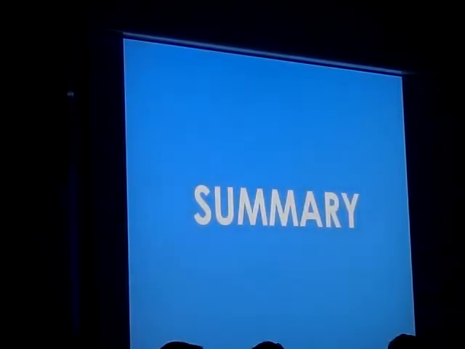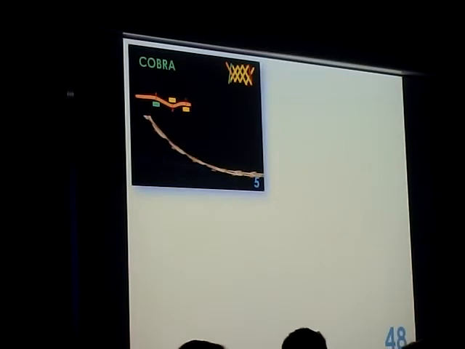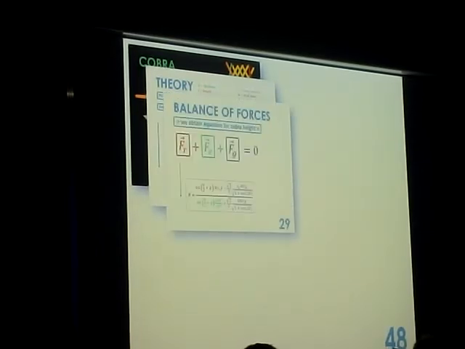So, to summarize, what we did was we presented the cobra as we should create it. We presented qualitative theory based on potential energies, and then we corrected it with the forces, as you can see here.